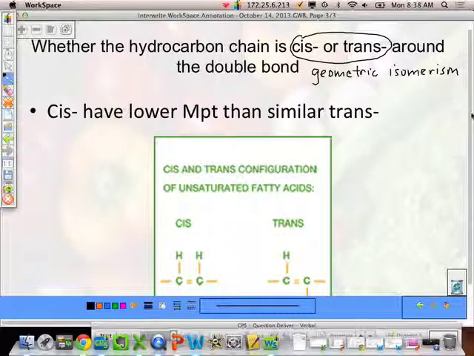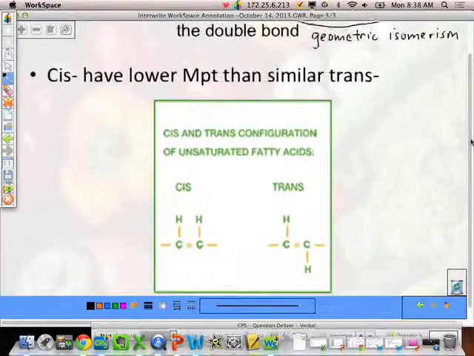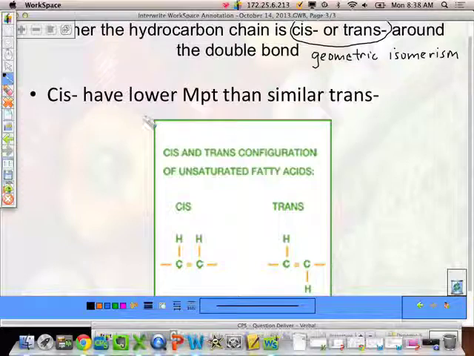So you've got the same thing, but because of the double bond, they're not going to rotate as easily around each other as single bonds do. Single bonds we can move all around, but that double bond kind of holds it in place, and it holds it in place either in the same direction or in opposite directions.